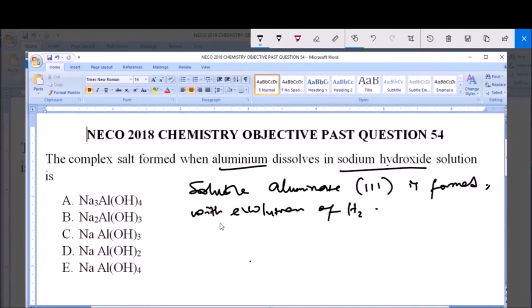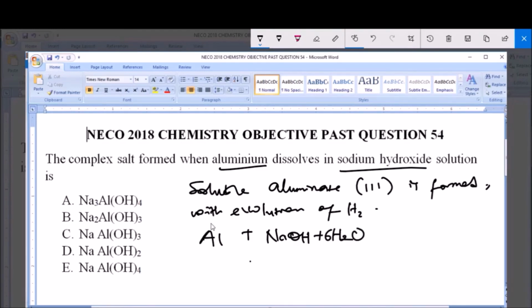Now we're given that aluminium reacts with sodium hydroxide, plus H2O. This water here will enable this reaction to take place.